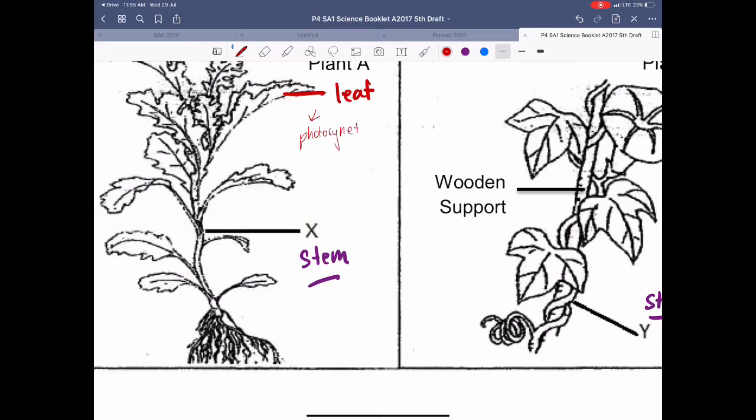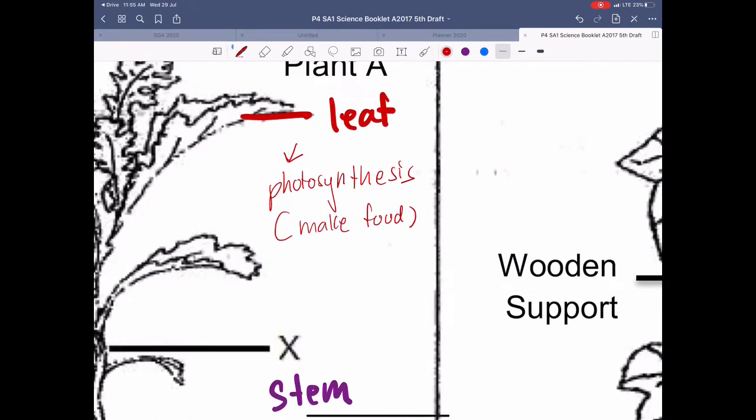I know a lot of you don't know how to spell photosynthesis, but it's good to learn. Make food is accepted. However, in secondary 1, straight off, make food is wrong. We do not accept it anymore. If you don't correct yourself from the start, when you reach Sec 4, you have an issue. I have ex-students that have issues with this.